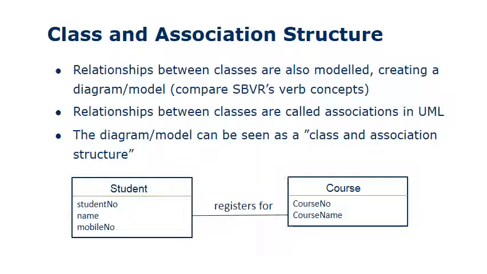And in this way you create a diagram and model. And you can compare this to the SBVR verb concept that we discussed before. Relationships between classes are called associations in UML. And this diagram or model that you see in front of you can be seen as a class and association structure.